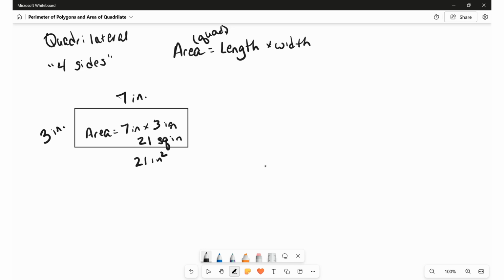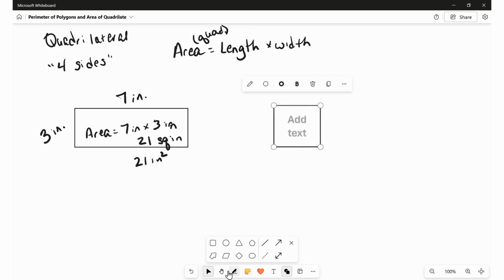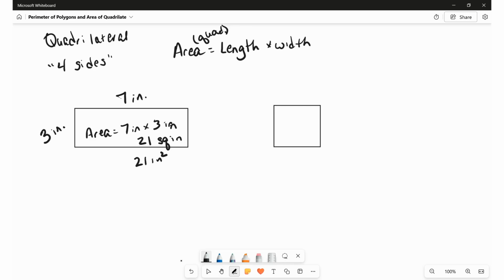So something else that you're going to see is, you're going to see some things and they're going to say, oh, here's a new formula. It's not a new formula at all. This looks very much like a rectangle. Well, I've kind of intentionally made it this way because this, we are going to say, is a square.